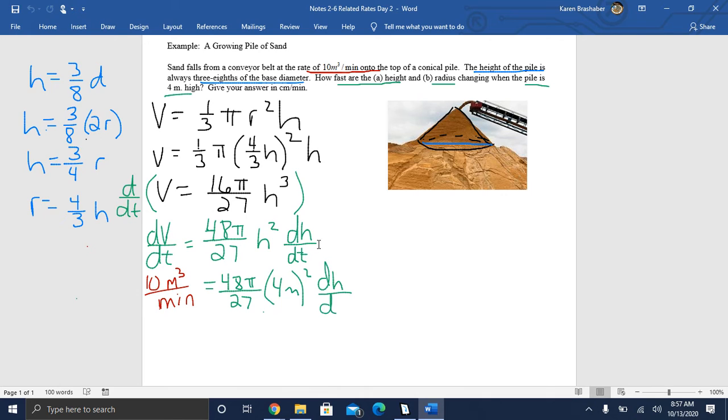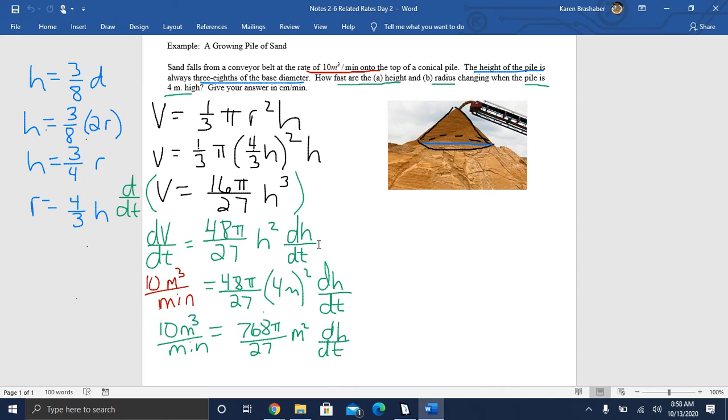Now at this point, you could be using your calculators depending on how much of this you need to show. I'll show just a little bit more. I'm going to have that 10 cubic meters per minute, and then I'm going to multiply 16 times 48 pi over 27. That gives me 768 pi over 27. This is in meters squared, and I still have my variable dh/dt.